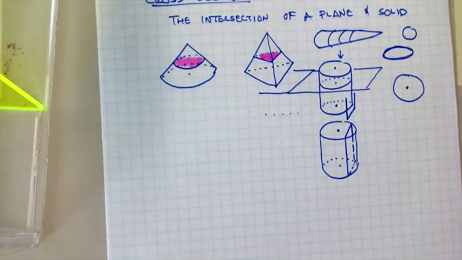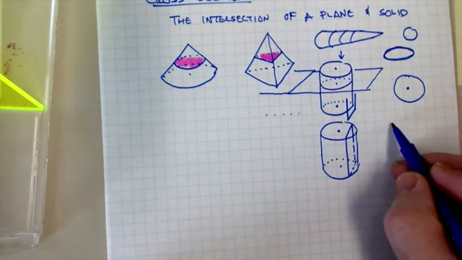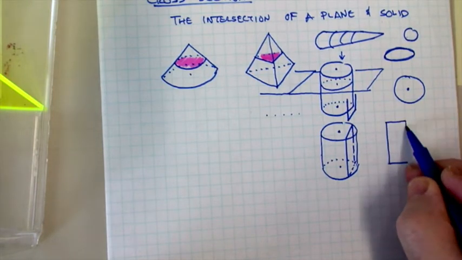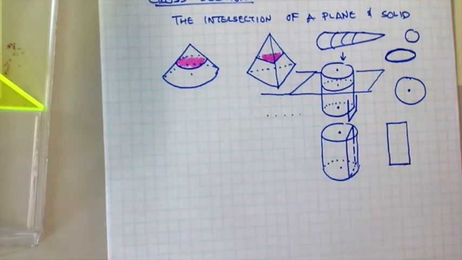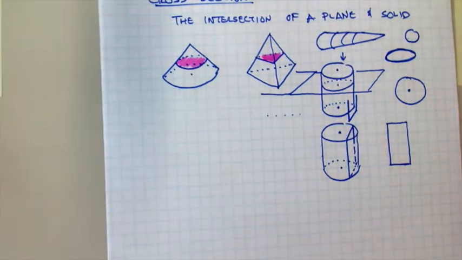Hopefully you can see what would happen when I cut this one is, looking at it from the side this way, I would get a perfect shape of a rectangle. Okay? So your cross sections are always going to be dependent on how you make your cuts. Your cuts could form a shape that's already seen in it, or it could create a totally new and different shape when you do your cross sections.